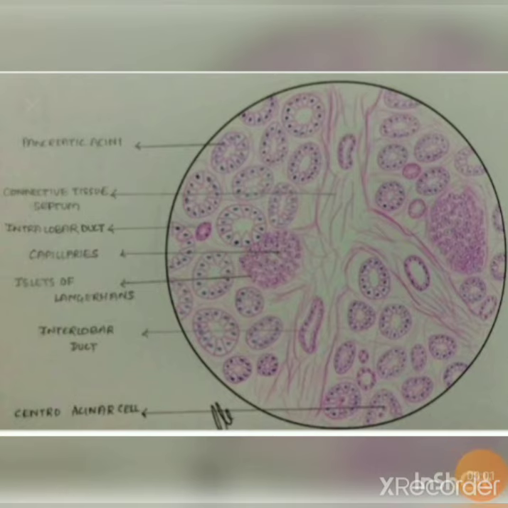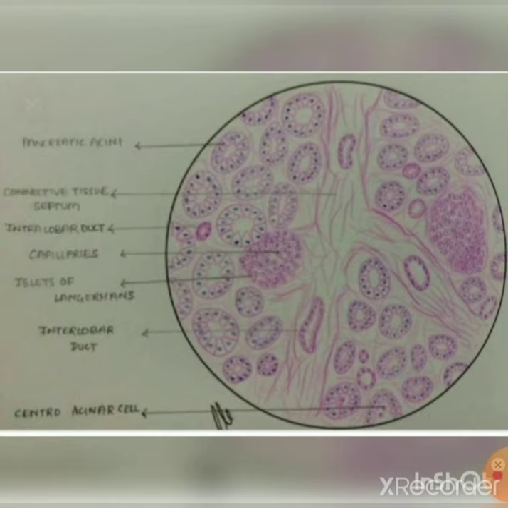Next, we are going to look at the structure of the pancreas. Here you can see in this diagram, it is separated by connective tissue. The pancreas is covered by a layer of connective tissue, and septa arising from the connective tissue capsule separate the substance of the pancreas into lobules. Each lobule is mainly made up of serous acini.